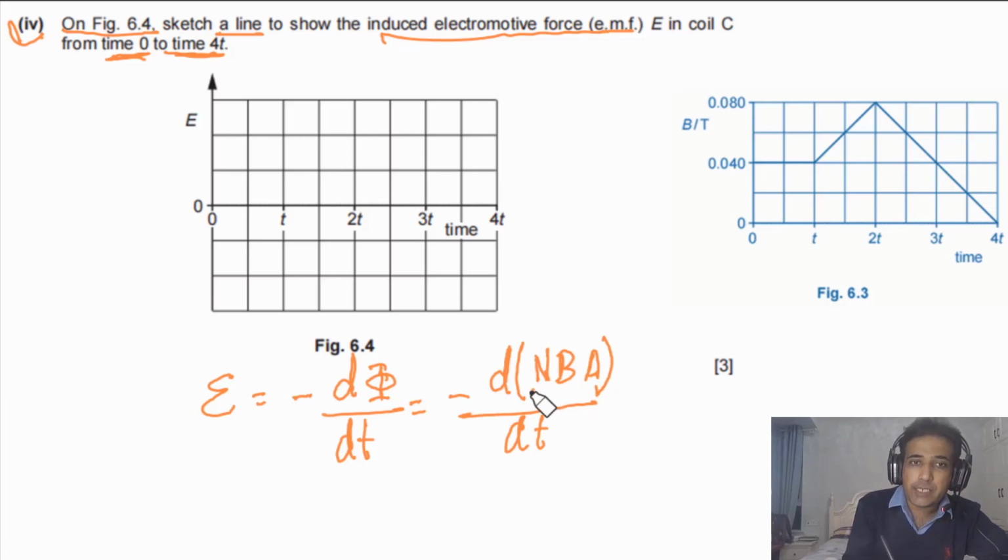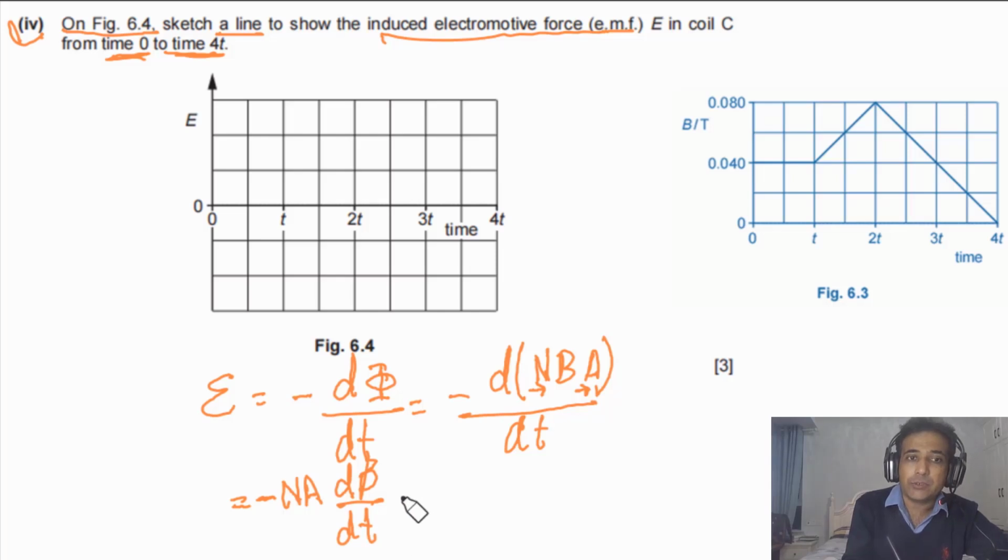In this case, N is constant, A is constant. So simply we can take these two quantities out. So we can say this is negative N, A, and here we have dB by dt. We can also simplify. We can replace these two quantities with one constant, let's say K is a constant.